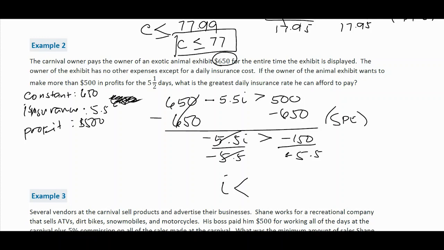And negative divided by a negative is a positive. 150 divided by 5.5, doing the math, it's going to be 27.27. So basically, you will be getting 27.27, 27, so on and so forth. But because we are talking about money, we only need 2 decimal places.